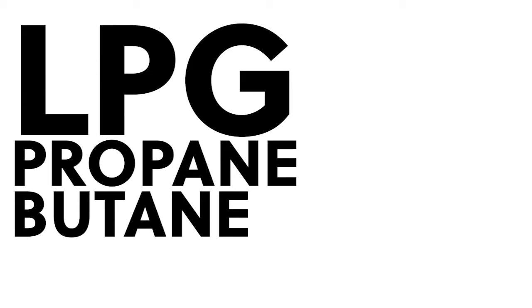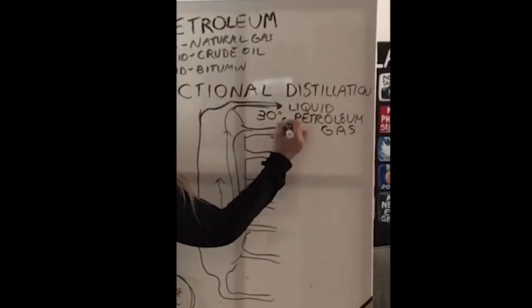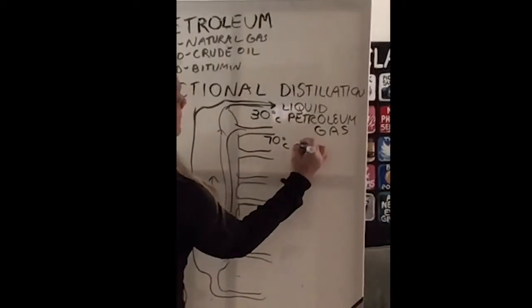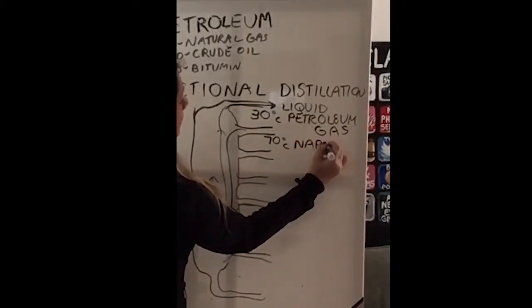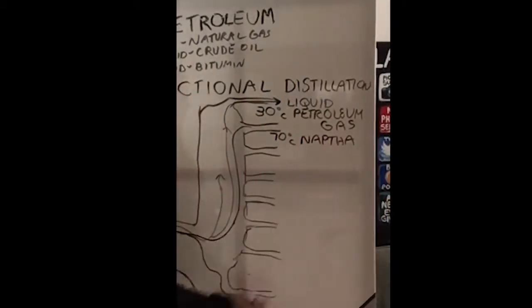We heat up even more now down here because we haven't boiled everything, we only boiled one part of this petroleum. So we boil more till we get to about 70 degrees Celsius. And that is naphtha. Naphtha is a petroleum-based product that is used to make up a lot of chemicals.